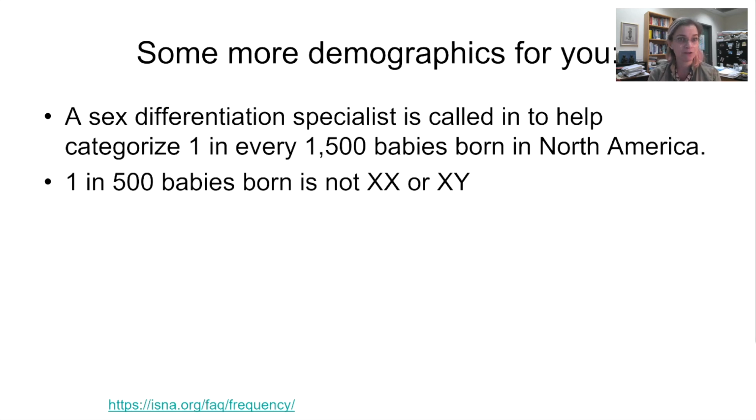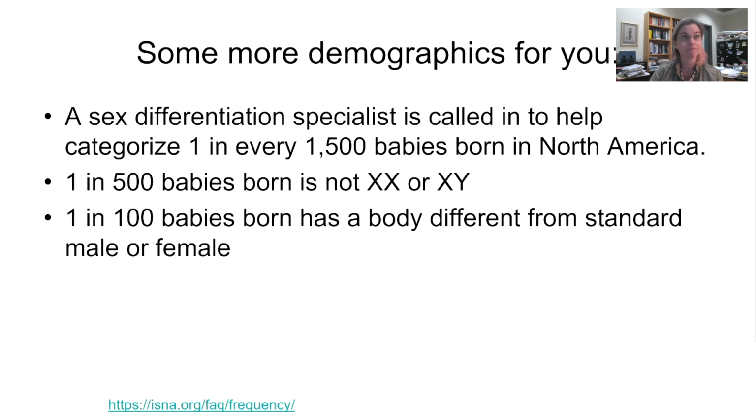A little more than 1 in 500 babies born is not XX or XY. 1 in 100 babies born has a body that is different from these standard ideas of male and female anatomy.